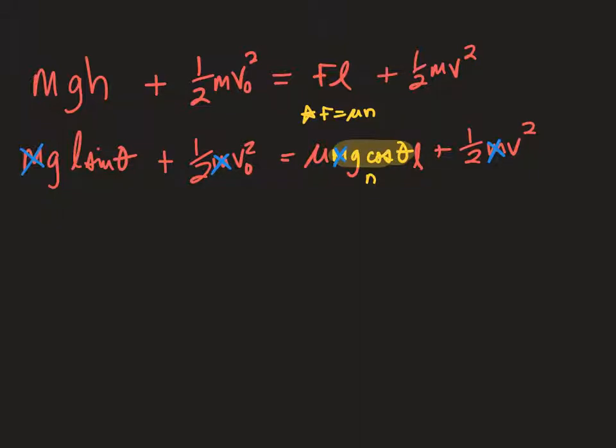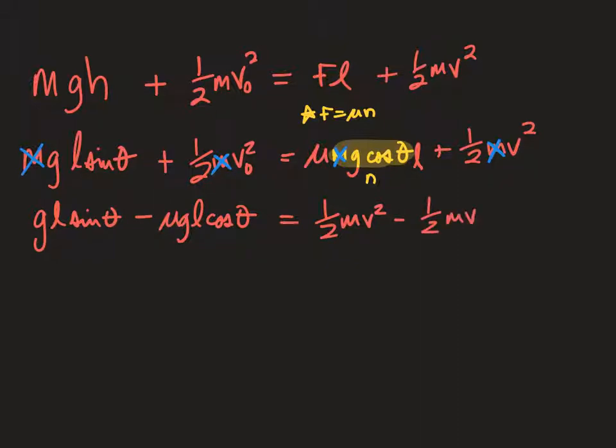The change in kinetic energy is going to be what it is due to friction and gravity. So now we can write GL sine theta minus mu G L cosine theta equals half mv squared minus half mv naught squared.